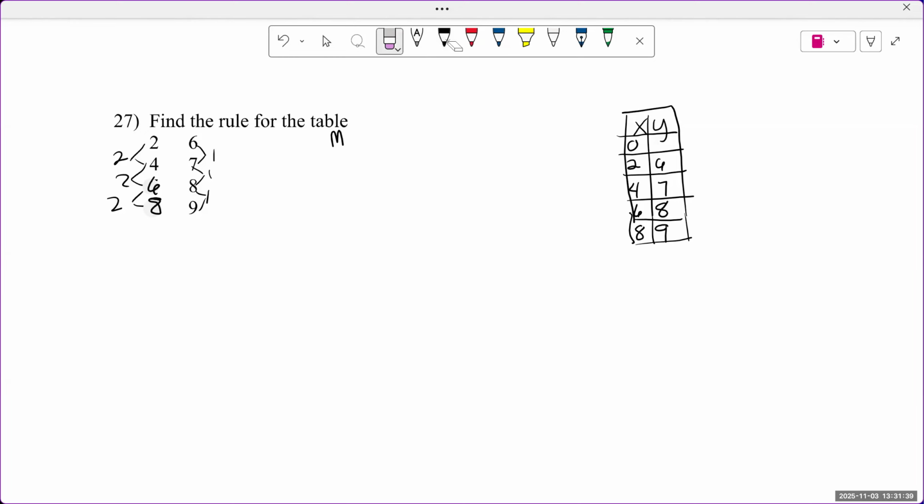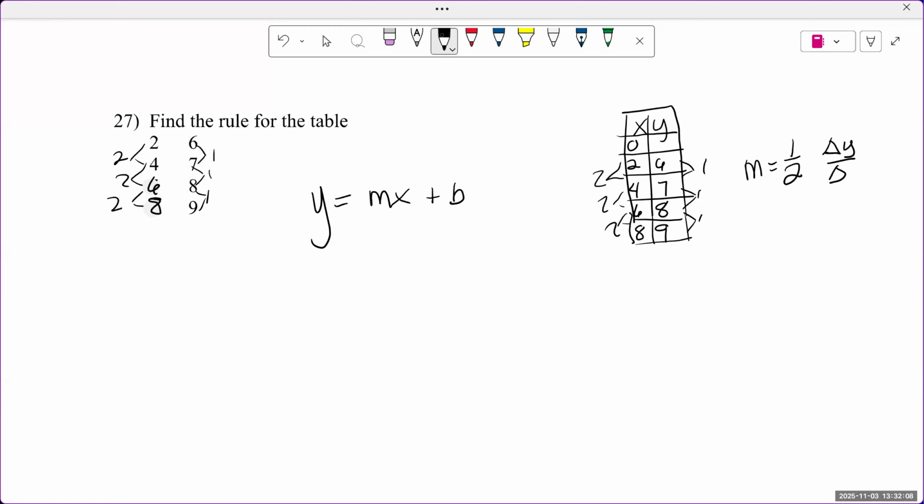Okay, so y equals mx plus b. The slope is 1 over 2, right? Change in y's over change in x.